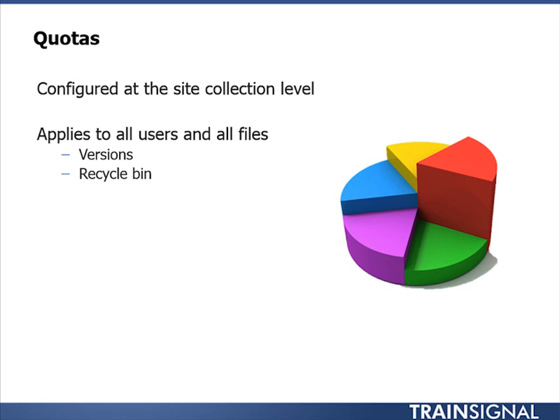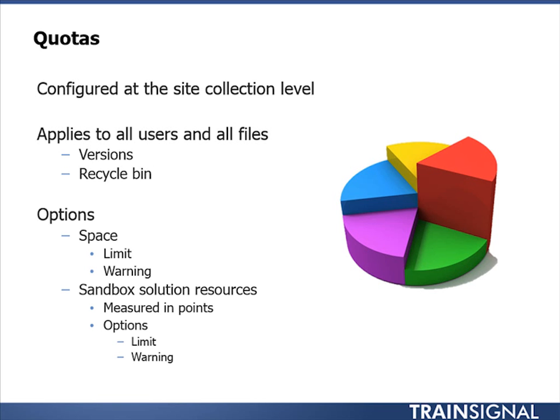And that's the biggest thing to keep in mind about our quotas, is that it's all users, all items throughout that entire site collection. And oh yeah, by the way, if you enable versioning on a list, that's going to count against the quota, and anything that's inside the recycle bin counts against that quota as well. So this applies to all users and all files.